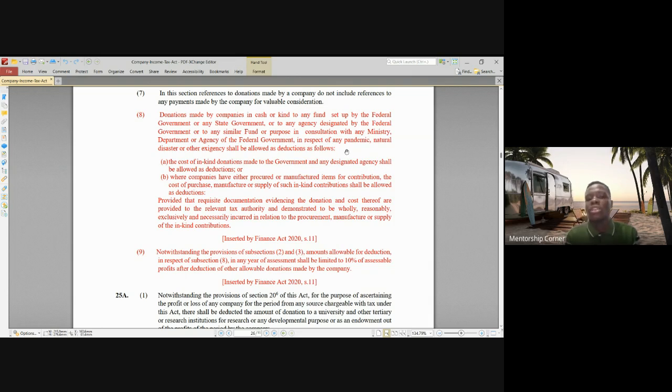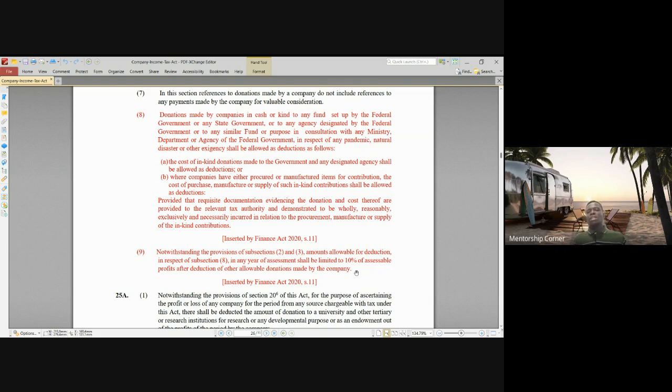So they now came back and said, notwithstanding the provision of this subsection 2 and 3, amount allowable for deduction in respect of subsection 8 above in any year of assessment shall be limited to 10% of assessable profits after deduction of other allowable donations made by the company.